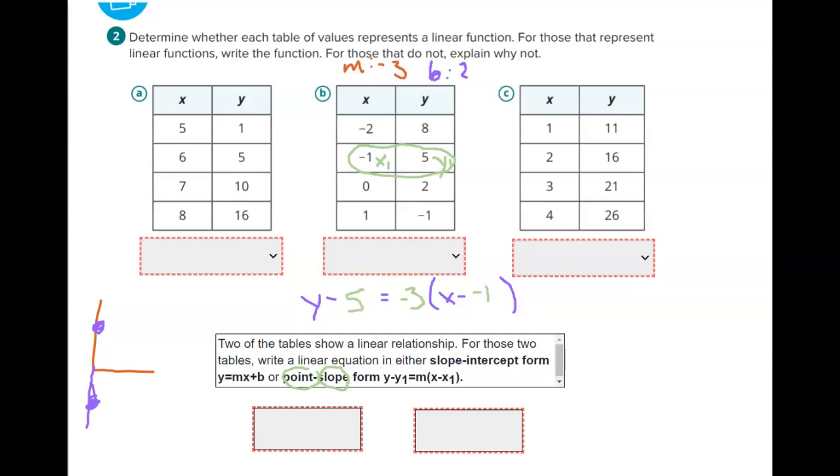Now, this is mathematically true, but remember what you know. A negative times a negative equals a positive, or a negative times a negative gives you a positive product.